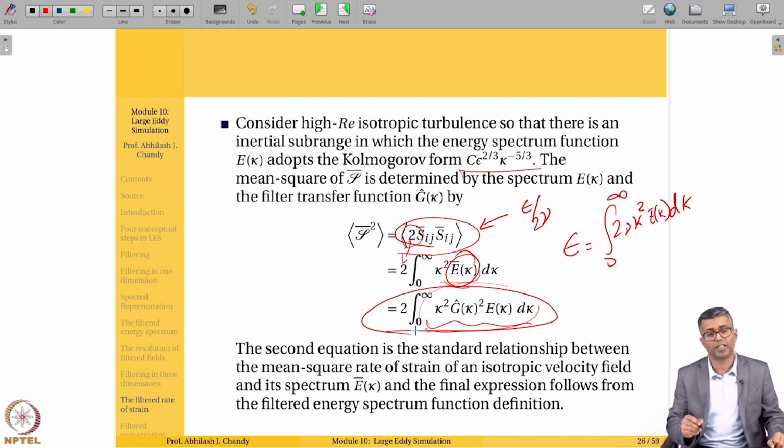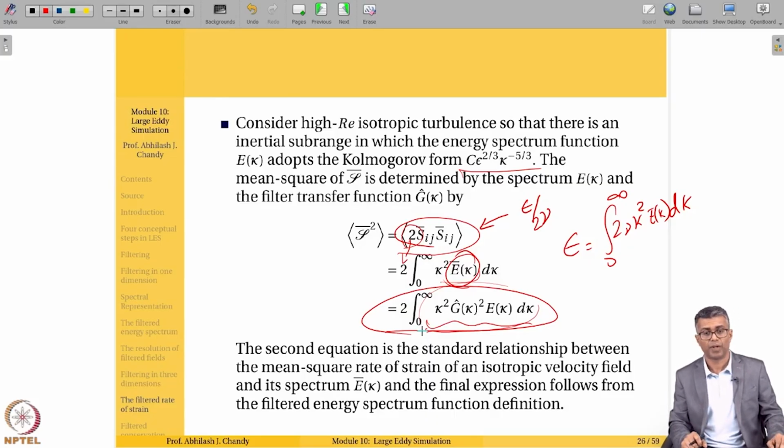Right? So I am integrating this from 0 to infinity, but the truth is this only needs to go until kappa C, because beyond kappa C it is 0. And in fact, since the term is getting more and more dominant for larger wave numbers, it is getting more and more dominant in and around kappa C.